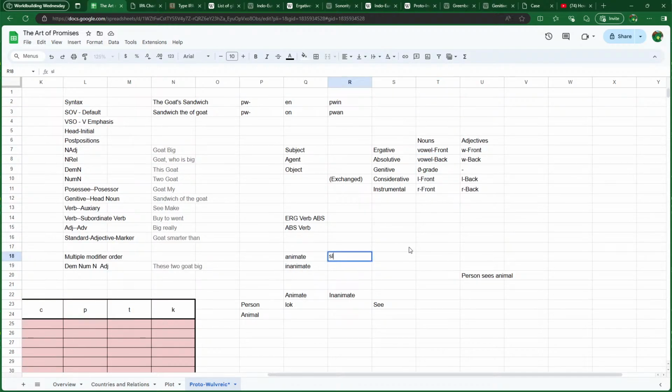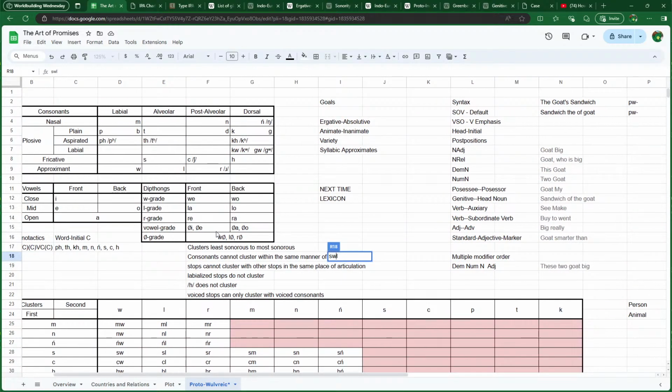So animate is an adjective, so it would have the W. But it would specifically be W back. It wouldn't be the genitive 0 grade.